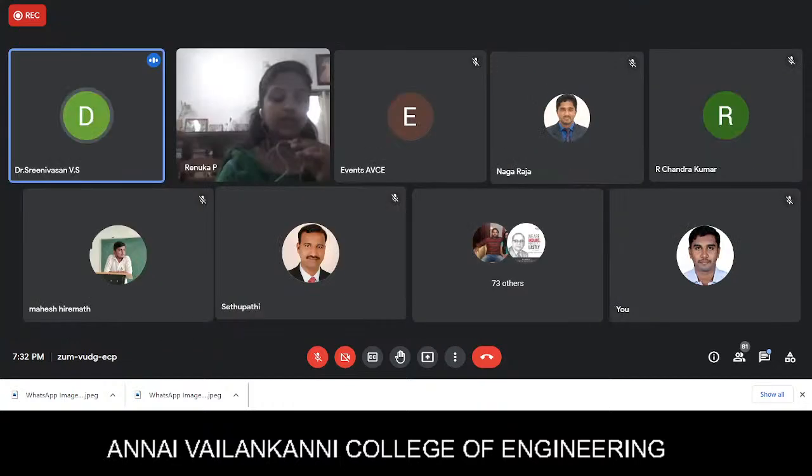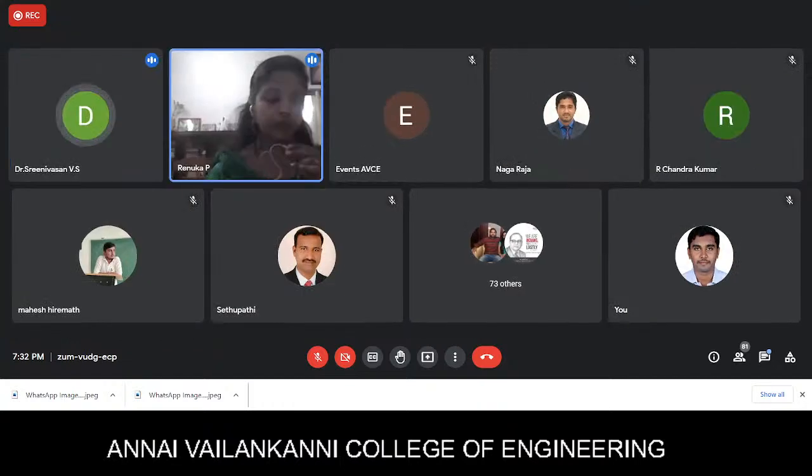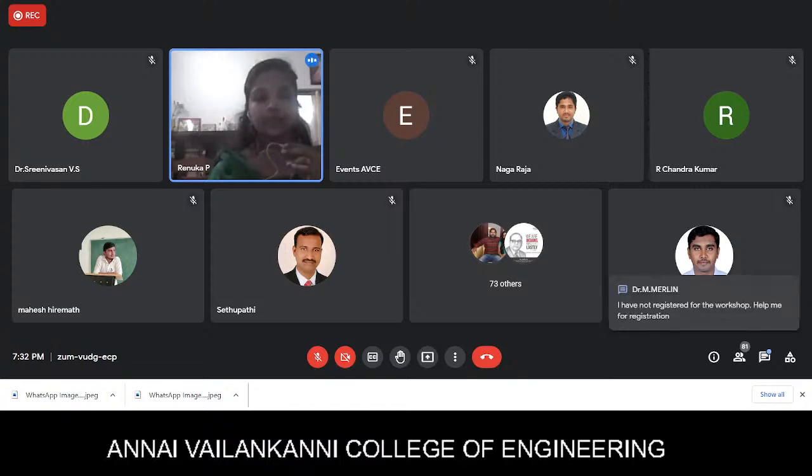Dear participants, now we are moving to the second presentation of today's workshop. For that, I would like to call Dr. Satish, an outstanding scientist at the Defence Metallurgical Research Laboratory, DRDO, Hyderabad. He has been working there since 2005.